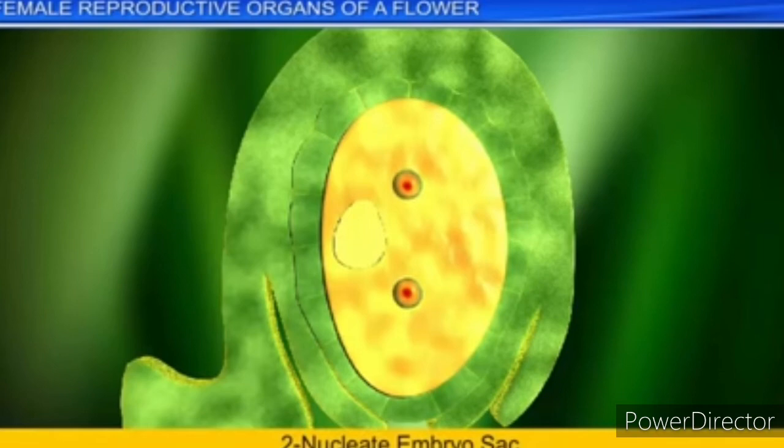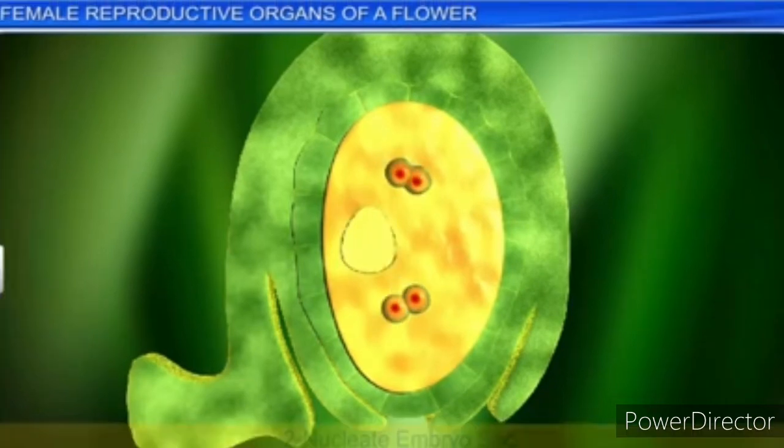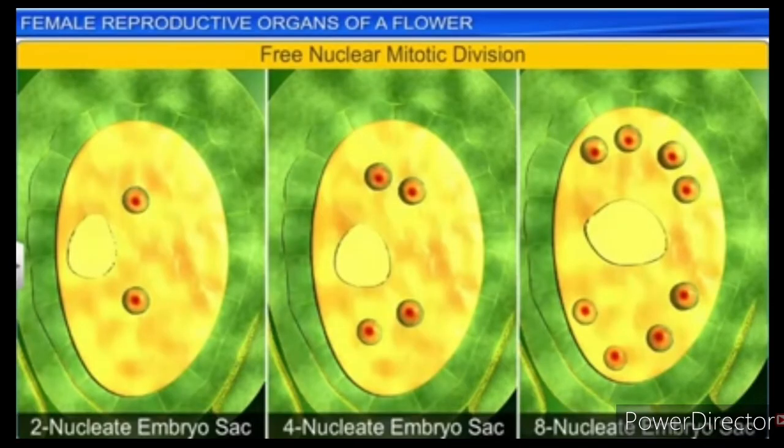Again, 2 more successive mitotic divisions will occur. The 2 nuclei divide by mitosis to form 4 nuclei. Then the 4 nuclei again divide to form 8. After the divisions, they form the 8-nucleate stage.